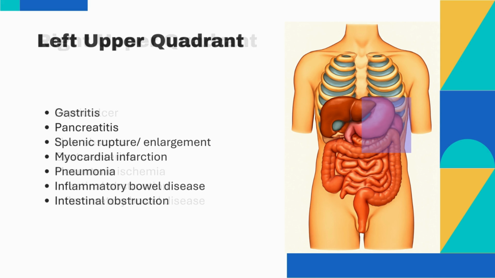Left upper quadrant. In the left upper quadrant, we find the stomach, spleen, pancreas, and splenic flexure of the colon. Gastritis, burning epigastric discomfort. Pancreatitis, just like in right upper quadrant, but can also localize here. Splenic rupture or enlargement, often after trauma or infection.